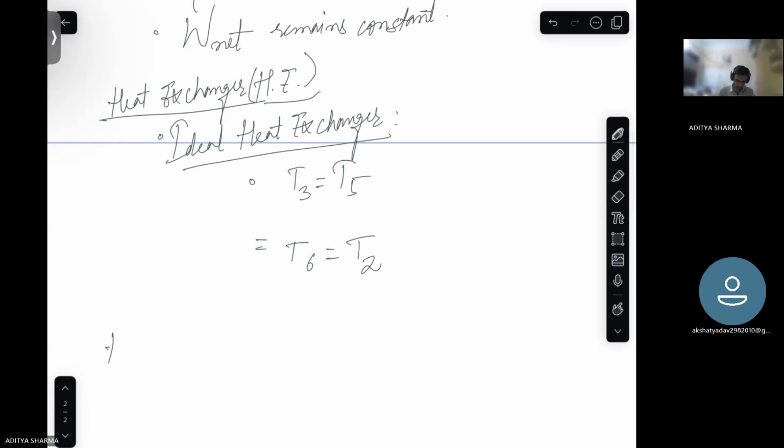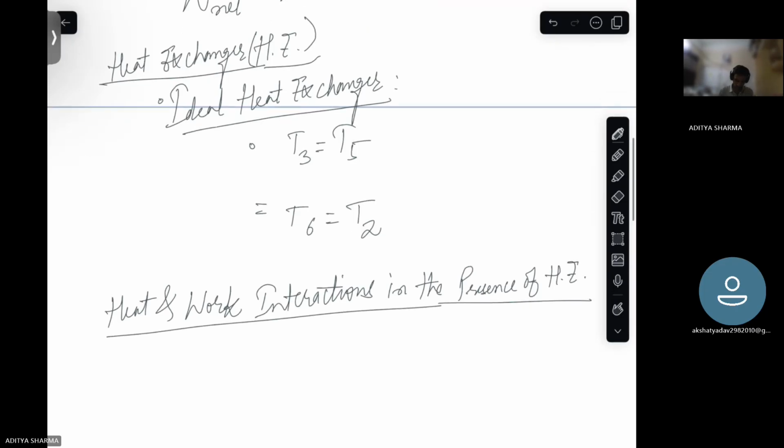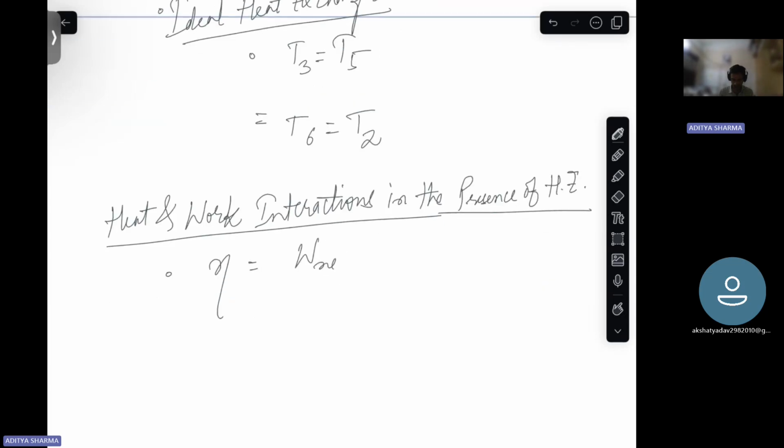And from your heat and work interactions, in the presence of, from here, if you see efficiency, so efficiency basically is W net by the heat that we are giving.